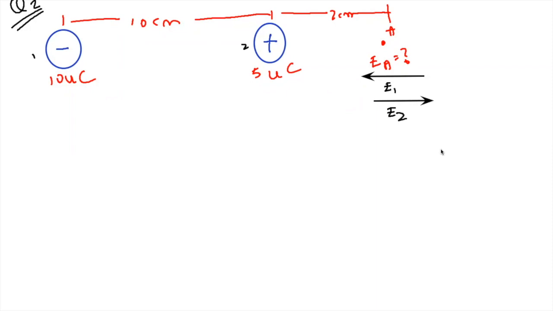Why did I do this? Because electric field is a vector, right? And if electric field is a vector, they're going to have opposite directions because this is negative, this is positive, right? Now, you have to set which side is positive. Now, I think that for me, it's more convenient if I set this side as positive.